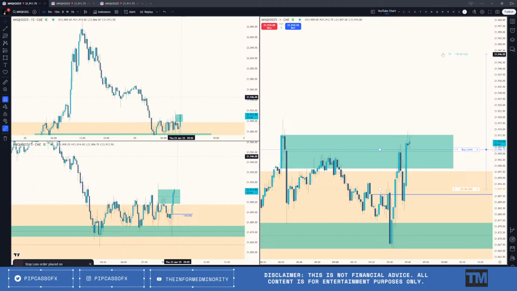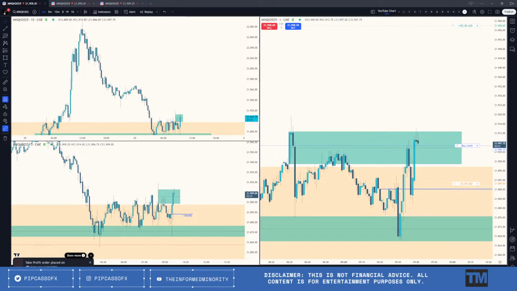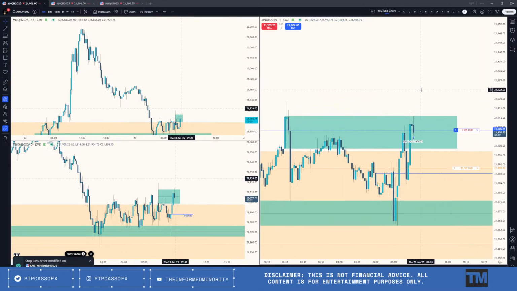May not give it to us. And there we go. So that's the first presented fair value gap that formed there. And so this is the trade that I'd be looking at. So there we go, now we're in, and this would be my trade for today.